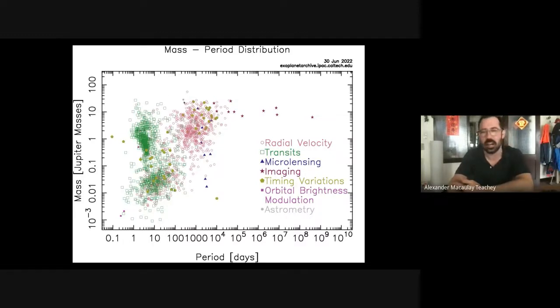These are really not even proper planets anymore. We might call them brown dwarfs. The brown dwarf limit is right around here, actually. Everything above this line, we might call brown dwarfs. But there's a huge range in masses, down to Earth mass, and a huge range of periods, less than a day in some of these cases, and all the way out to 1 million or 10 million or 100 million days.